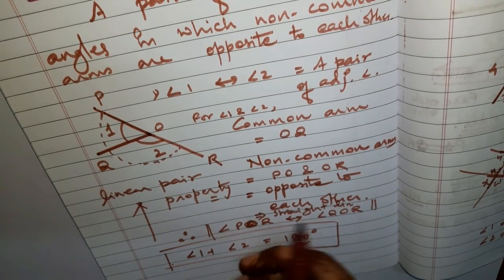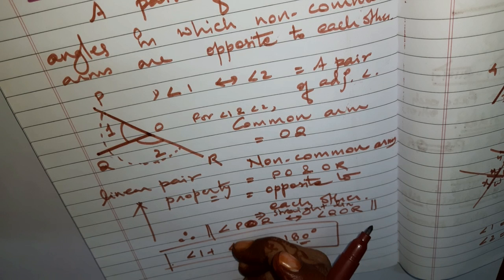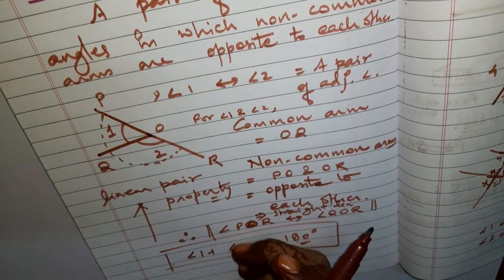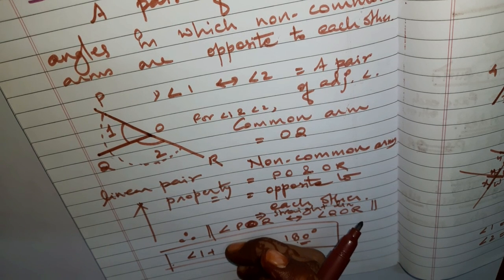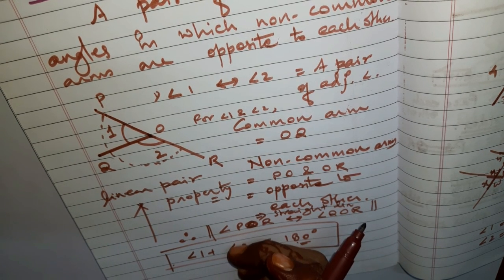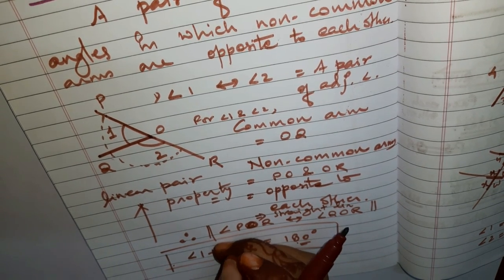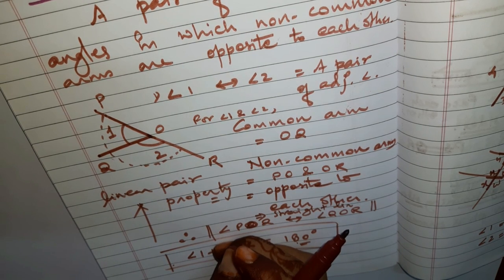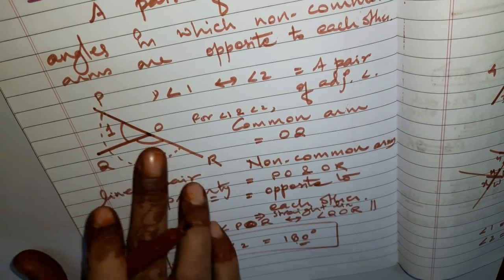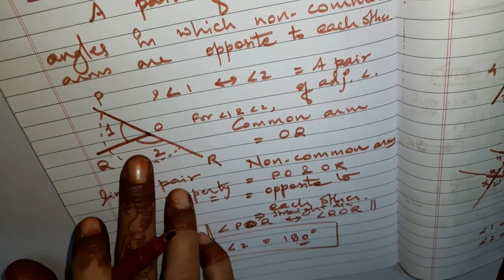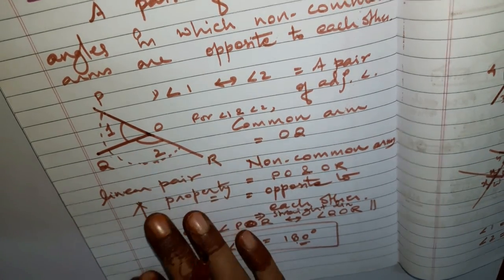What is linear pair property? That when two or more than two angles are added together on a single point, on a straight line, they give the sum as 180 degrees. So it's not only about these two rays, it's not only about these two angles, it could be more than two angles as well.